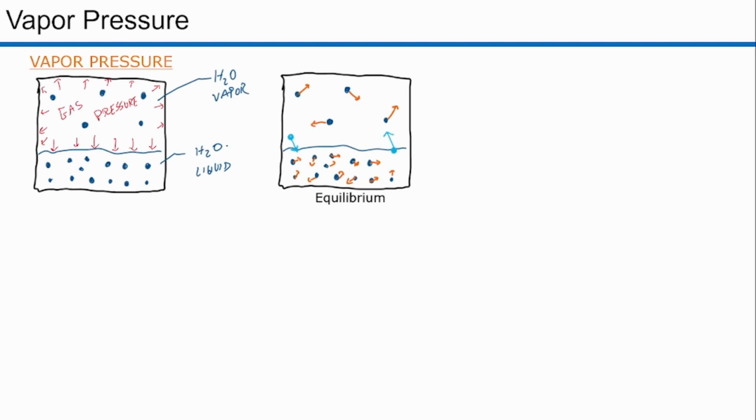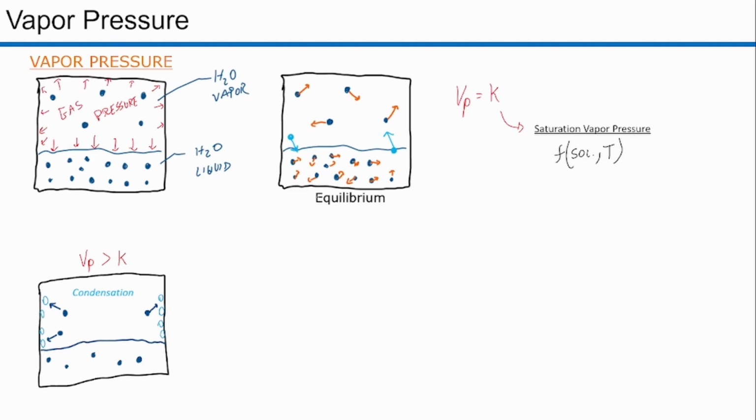Under the right thermodynamic conditions of equilibrium, meaning that state where there is no net outflow or inflow, exchange of molecules between those states, we have a constant vapor pressure depending on a few things. In this case, this kind of liquid, which is water, and the temperature. This is called the saturation vapor pressure.